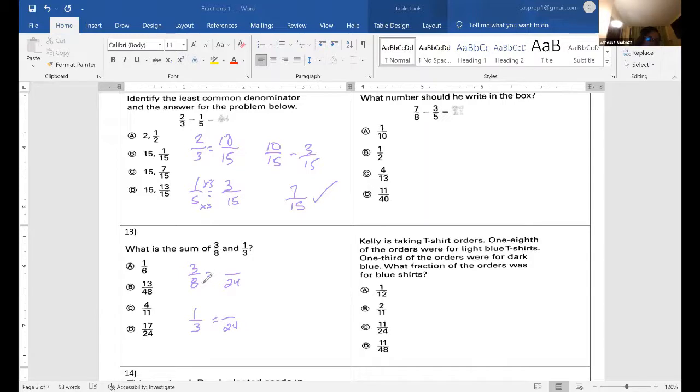To get to 24, we multiply by 3, so this will be 9. To get to 24, we multiply by 8. So 8 times 1 gives us 8. So our new fractions are 9 over 24, and we're taking the sum plus 8 over 24, which gives us 17 over 24.